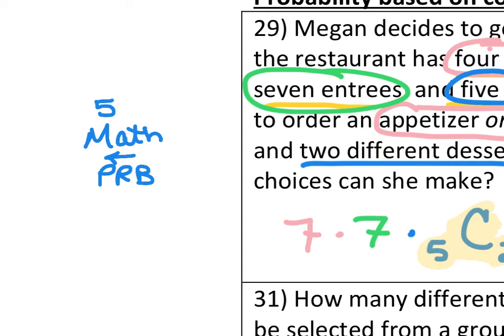So choice number 3. And what'll happen then is that your calculator is going to say 5, and then it's going to say nCr like this. And then you want to type the 2 in your calculator.